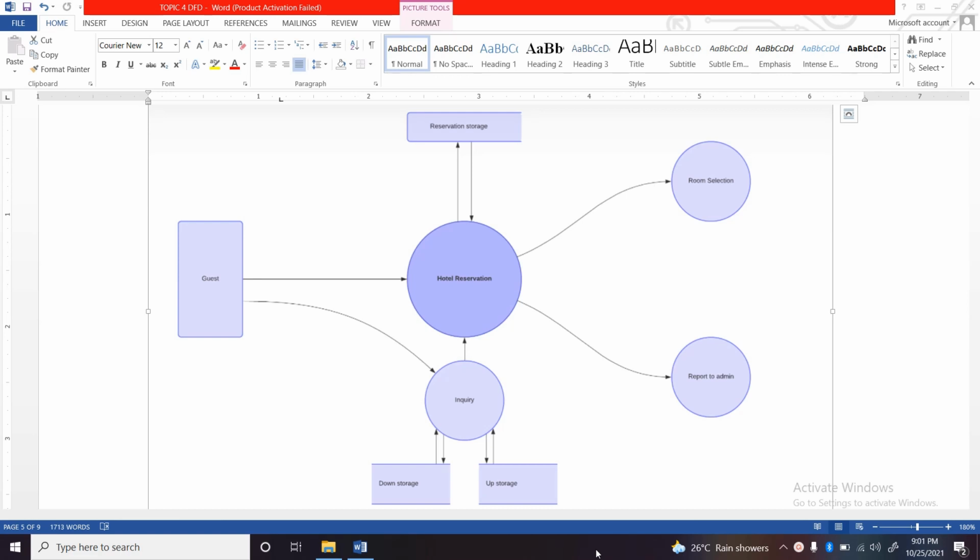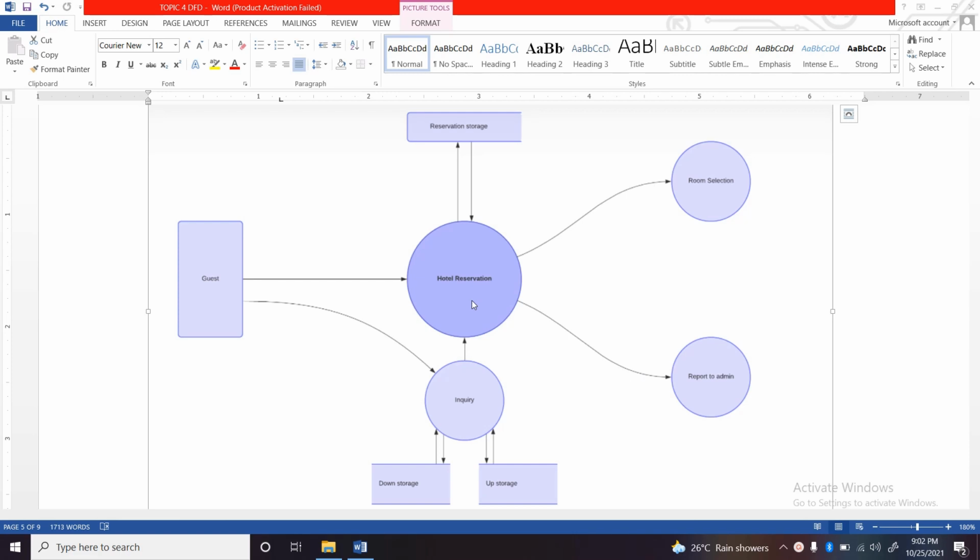Okay, so here, as I've said, take note that as the sub-processes are added, it needs more or additional data flows and data stores to link them. So as you can see, now we have 3 additional sub-processes on the hotel reservation: room selection, report to admin, and inquiry. And then there are also additional arrows or data flows that we need.